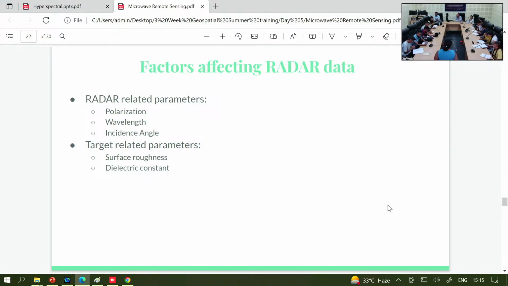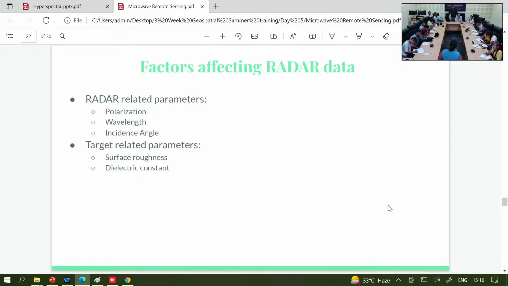It is the ability to distinguish two targets, and it also depends upon the beam width and the slant range. Okay, fine. What about you? About the working of radar, the sideways direction means range, and the forward direction of flight is azimuth.